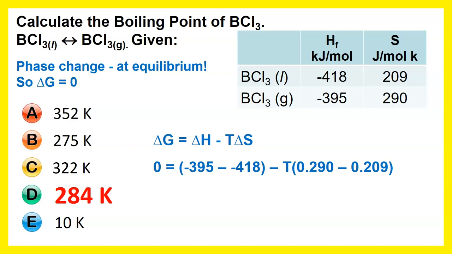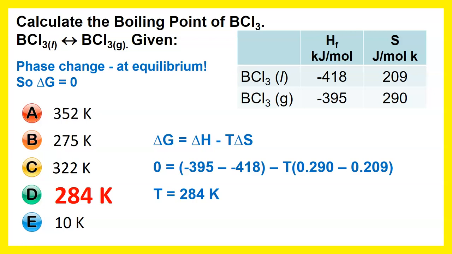Now I only have one variable to solve for, which is temperature. I was careful that I put my delta H and my delta S into the same unit, and out comes my temperature. Trying to connect these two chapters together is a very common thing we're going to see.